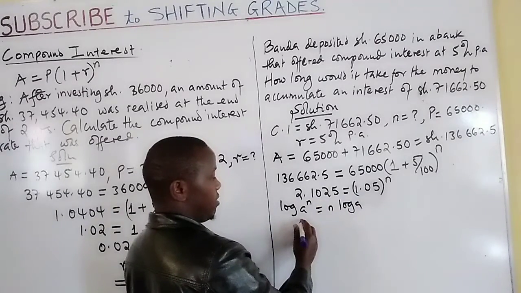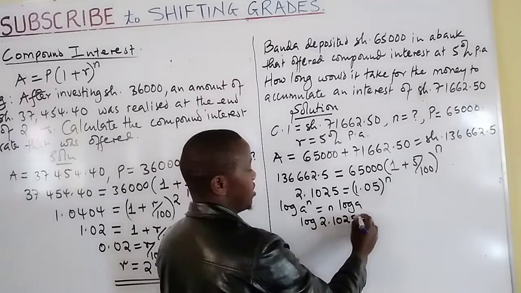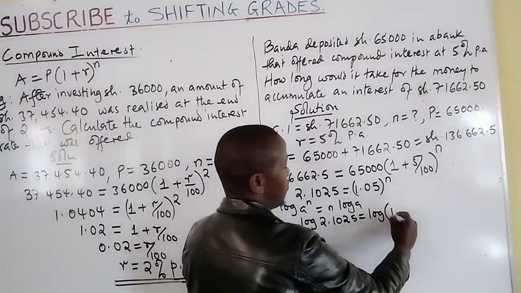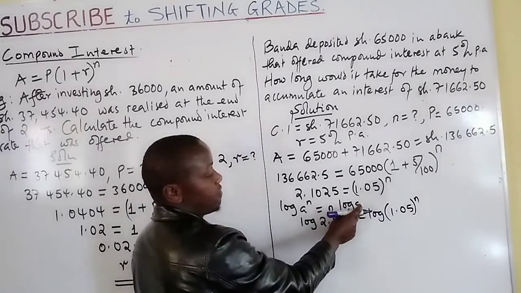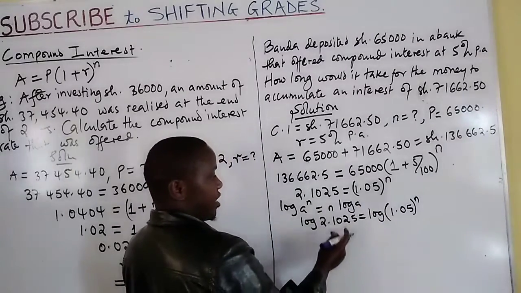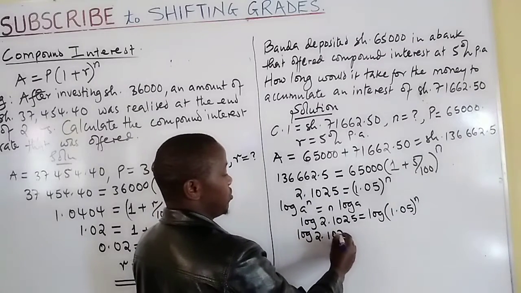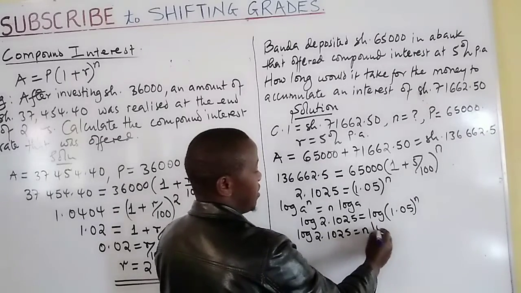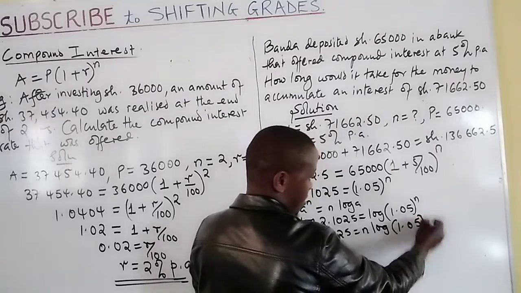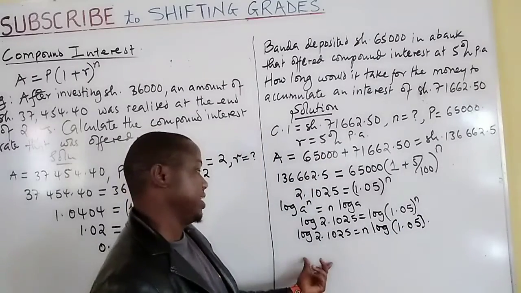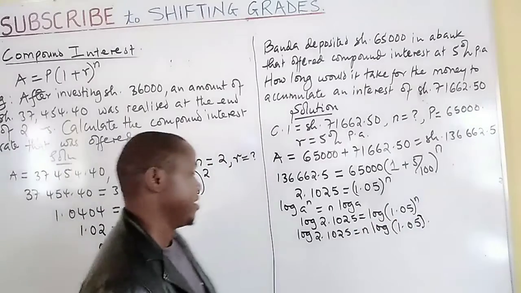Log of 2.1025 is equal to the log of 1.05 raised to n. Applying this law of logarithms, you can bring n here, the unknown. So the logarithm of 2.1025 is equal to n, the logarithm of 1.05.